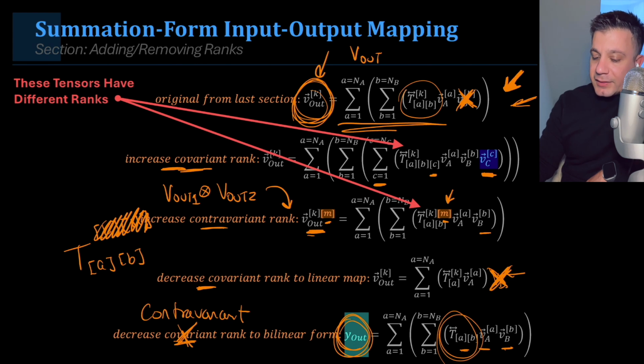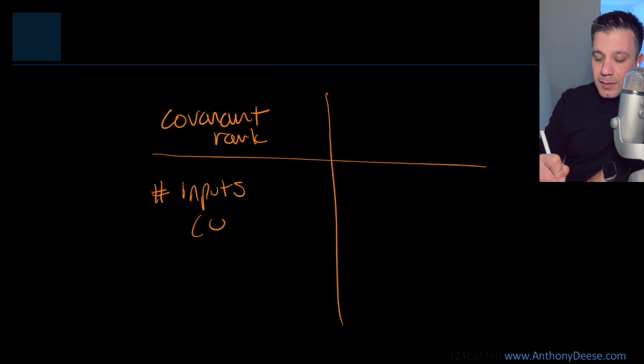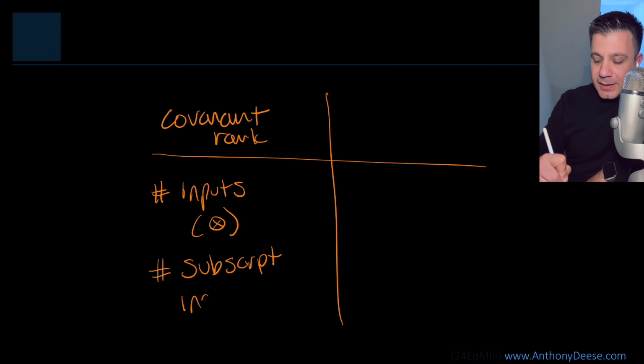So a couple things that we can look at to identify an equation: if we want to identify what the contravariant or covariant rank is, when it comes to covariant rank, we can look at the number of inputs combined via tensor product. We can also look at the number of subscript indices for the main mapping tensor.